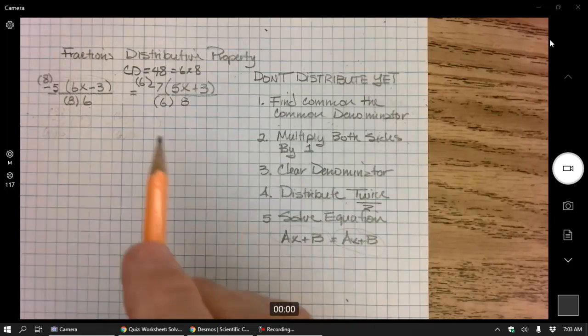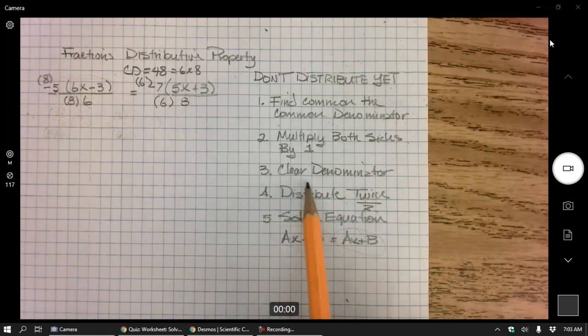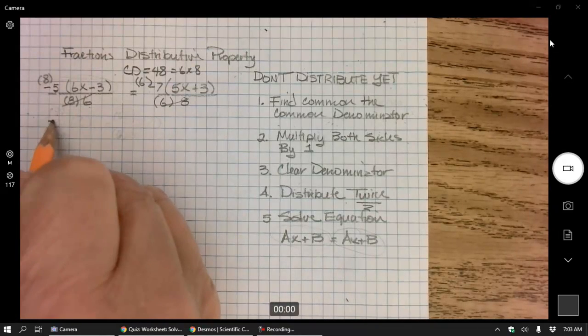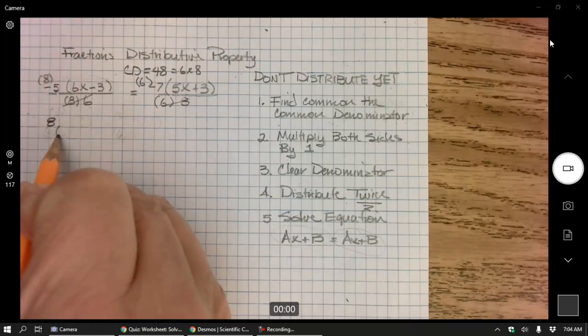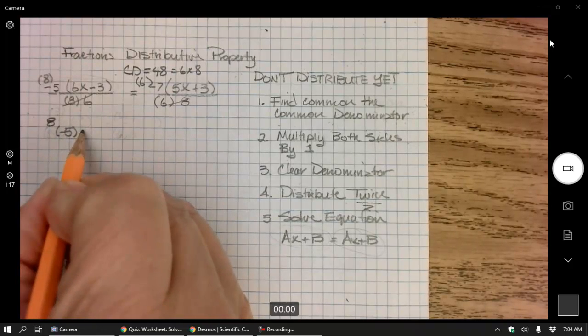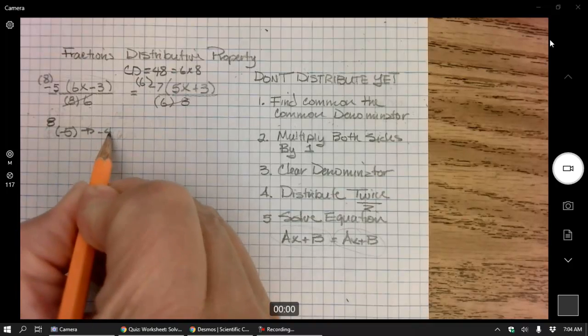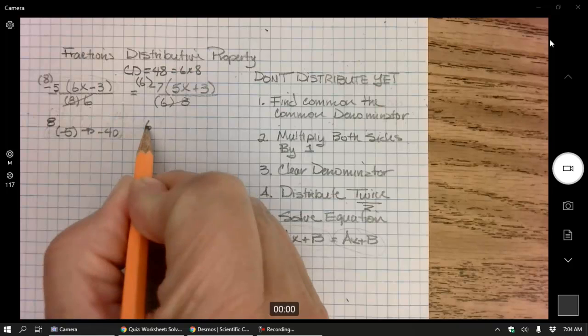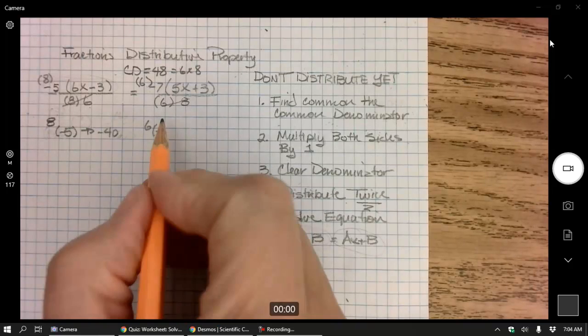Okay. So we multiplied both sides by 1, and now we're going to clear our denominator. And now look at what I have. I have 8 times that negative 5. That's going to give me a negative 40. And then I have 6 times that negative 7.